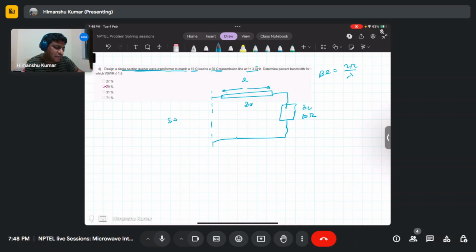This is given as 3 gigahertz. So you can calculate the lambda corresponding to that 3 gigahertz, and you can calculate the length of the line required for this.